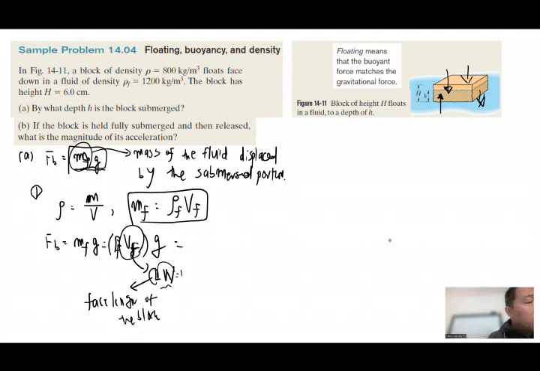So you replace it, and that is ρ_f L W h g.